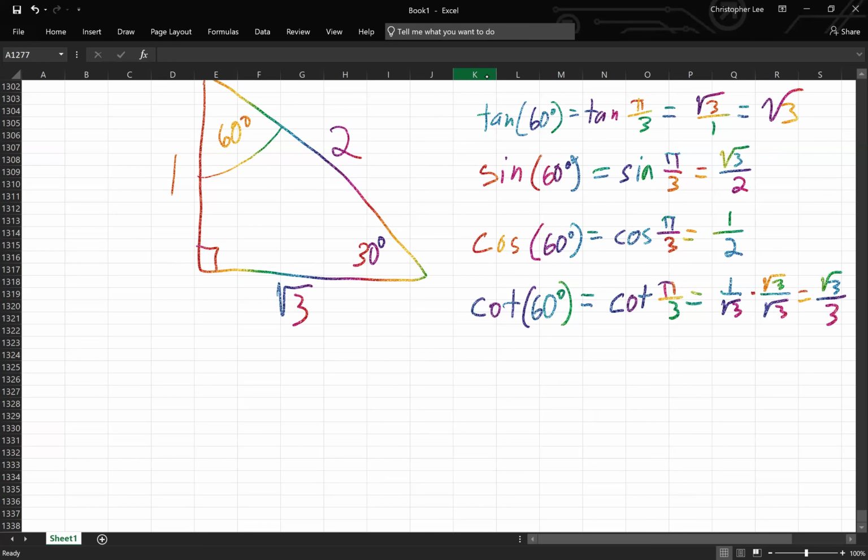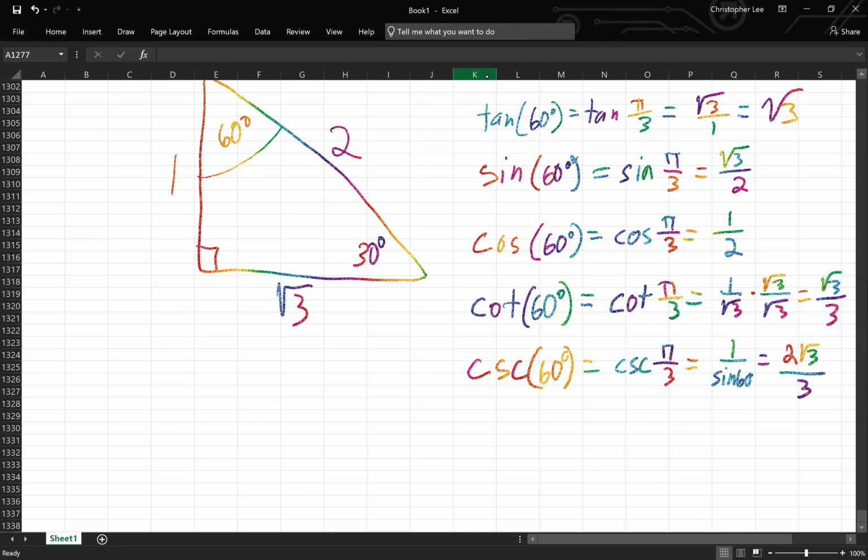That's cotan. Cosecant, 60 degrees. This is going to be like cosecant pi over 3, which in our case is 1 over sine 60 degrees. So take your answer for sine, flip it. This is going to be 2 radical 3 over 3. Boom.